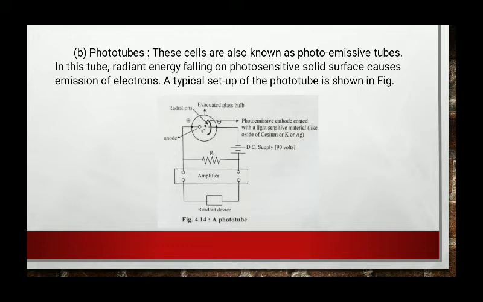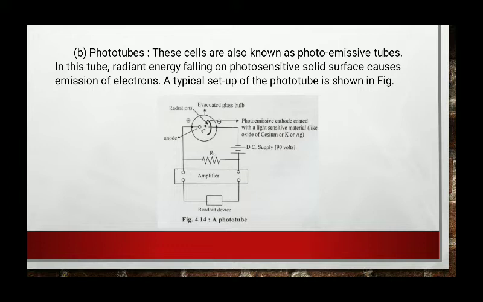When light falls on the cathode, electrons are emitted by the cathode due to the photoelectric effect. The liberated electrons are attracted to the anode, causing an electric current to flow through the external circuit.